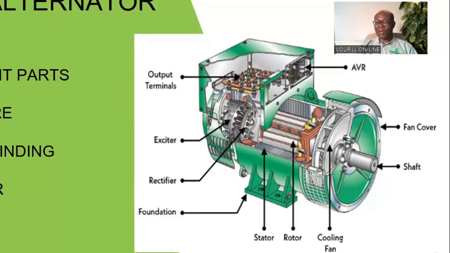That will help to magnetize the exciter field. In this case, instead of a rotating field, we have a stationary field at the exciter, but the armature is rotating since it is wound on the rotor. As the exciter armature rotates, voltage is induced into it, which is then converted to DC voltage by this rectifier.